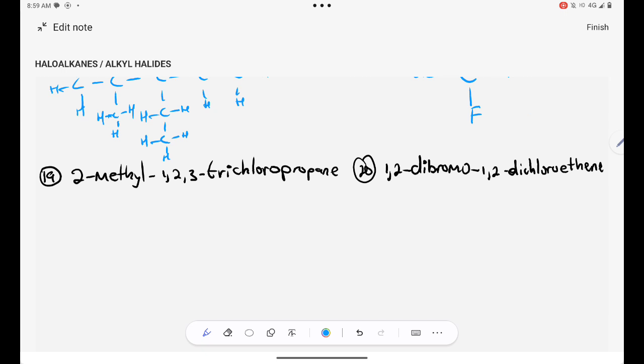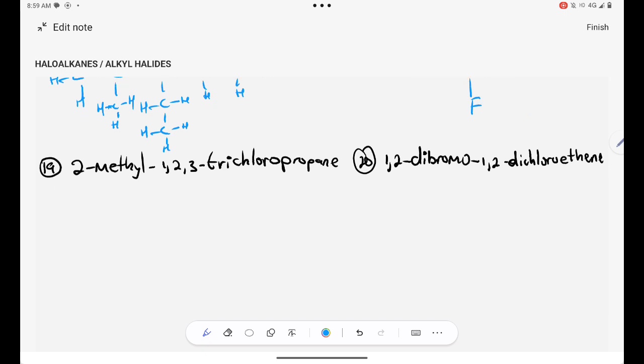Okay, for number 19, I have 2-methyl. Who named this thing? Okay, guys, the actual IUPAC name should have been 1,2,3-trichloro-2-methylpropane.